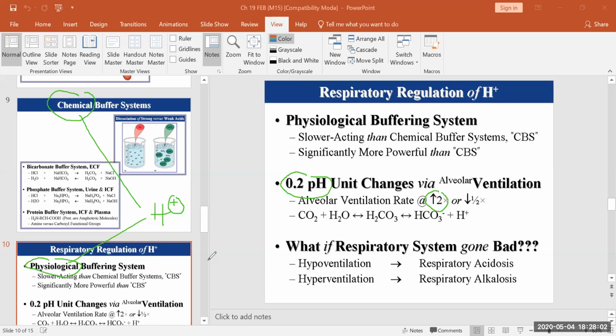And that something else, the star of the night, is our kidneys. They are the third mechanism. They also fall under the physiological buffer system, but now we're not talking about the lungs, we are talking about the kidneys. And the kidneys can and will get rid of these protons.